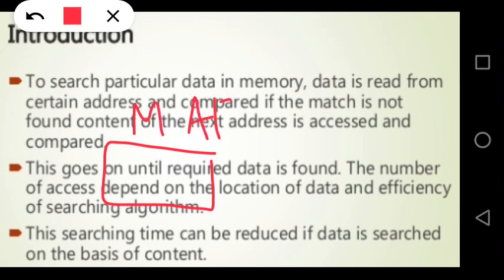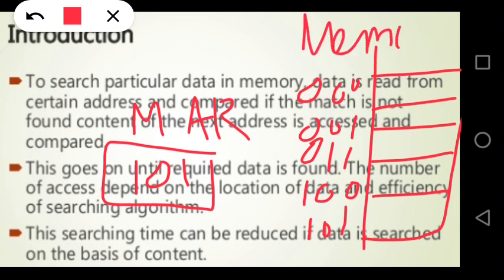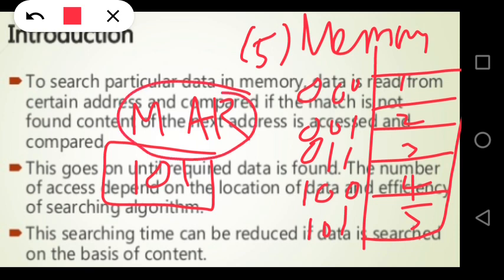Let's assume this is my address. MAR is a register and it has address 105. So here 000, 001, 011, 100, 101. Let's assume this is memory which is divided into five different memory locations, and the MAR is a memory address register which contains the value 5.